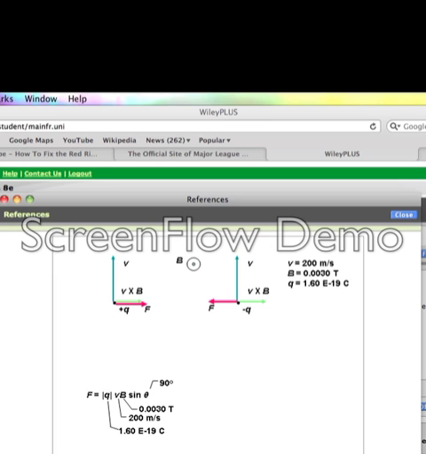Angle between is 90 degrees. And there we get the magnitude of the force. So now we've got both direction and magnitude for the magnetic force that acts on the positive particle and the magnetic force that acts on the negative particle.